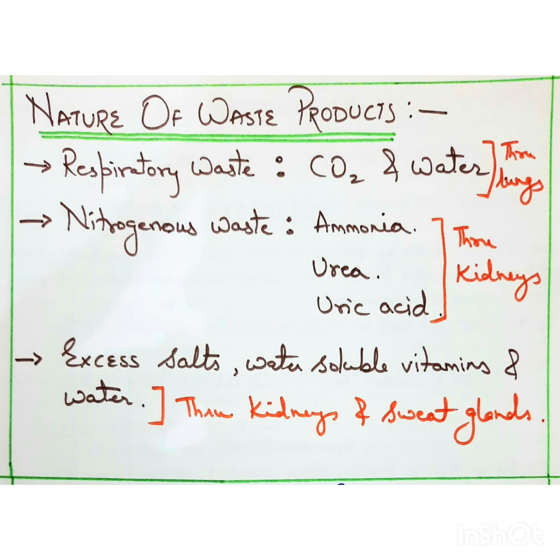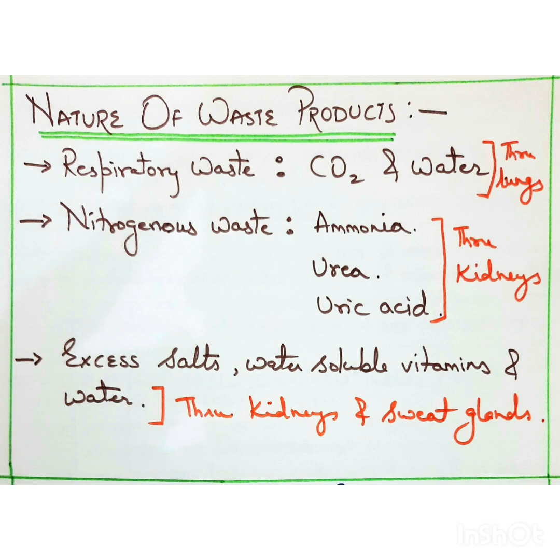The respiratory waste, as we all know, is released through expiration, produced by cellular respiration. The main nitrogenous waste products are ammonia, urea and uric acid. Now urea is a highly poisonous waste product, and its accumulation beyond a certain concentration in the body may cause death also. That's why it has to be eliminated, and it is eliminated through the kidneys.